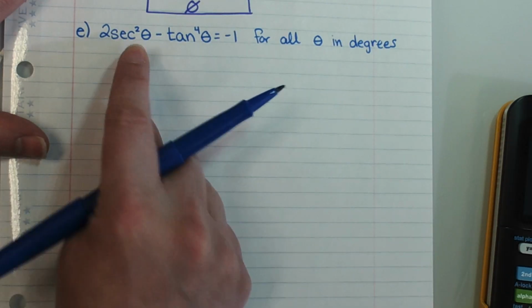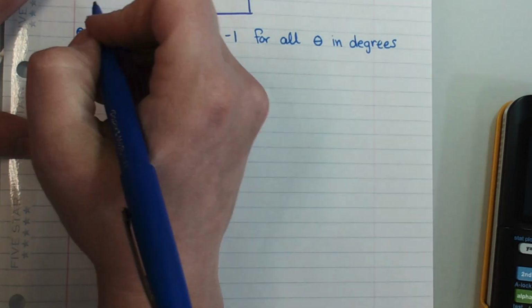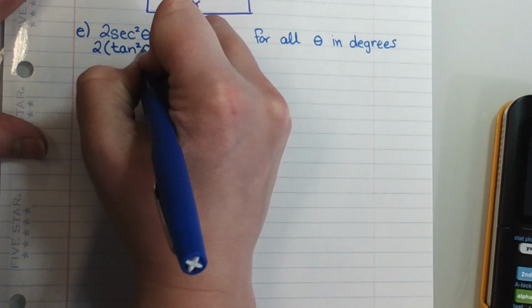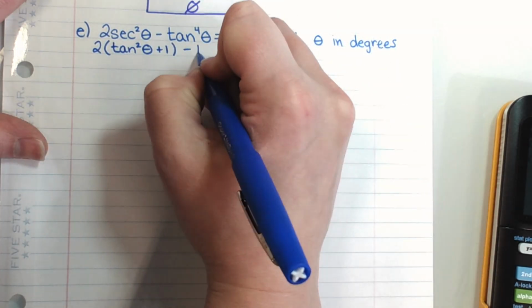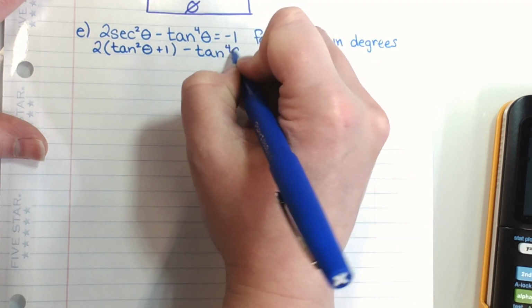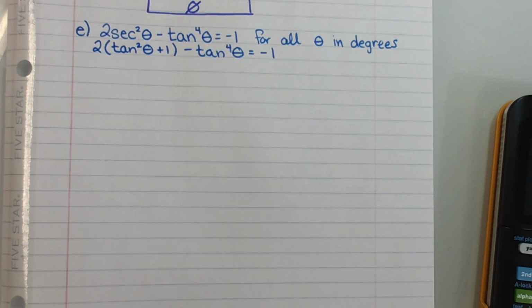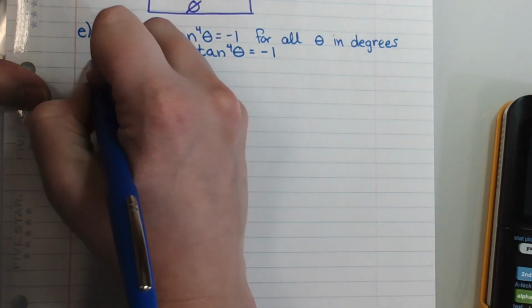When I turn a single term into a double term, it needs parentheses. Okay, now it's all tangents. I'll probably distribute.